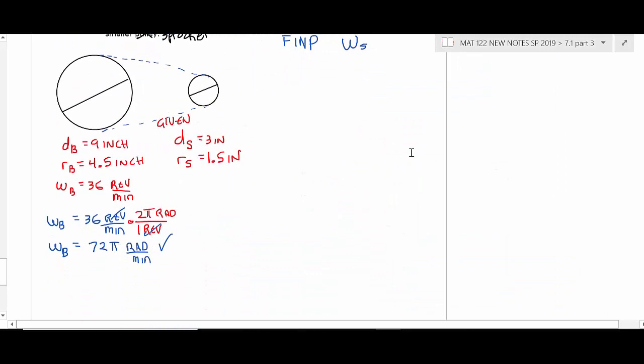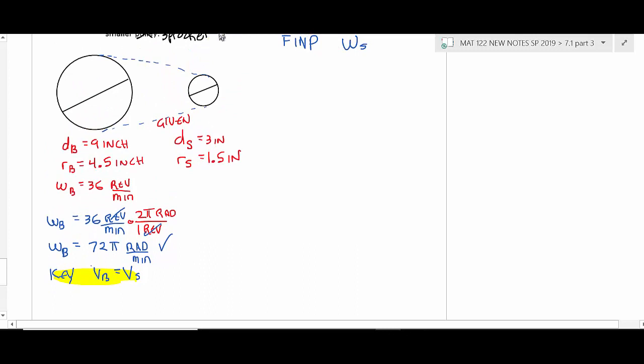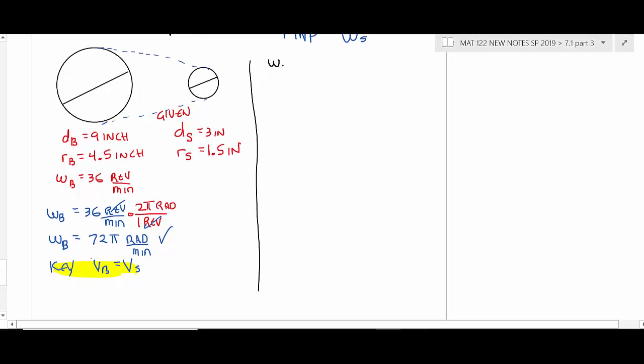So the whole key is the linear velocity of the big sprocket is the same as the linear velocity of the small. That's a real key thing to understand on this problem. So now I have the angular velocity of the big is 72 pi radians per minute.